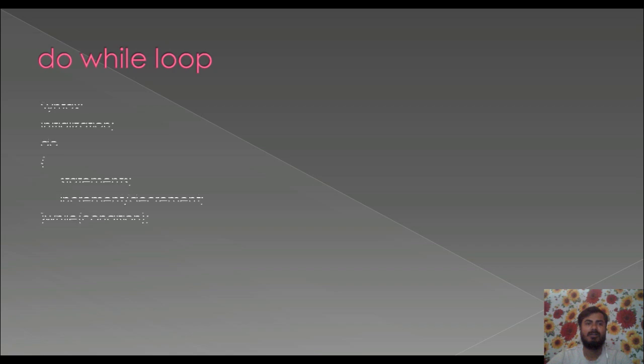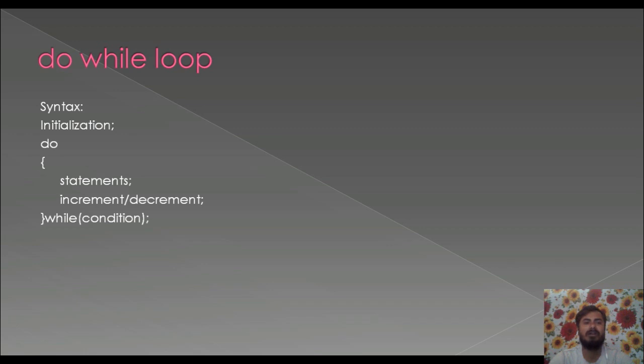Okay, so let's see first of all about do while loop. It's a control statement in C programming which executes the statement inside the loop at least once. Only then is the condition checked. That means if we want to execute the statements inside the loop at least once, then the best option is the do while loop.